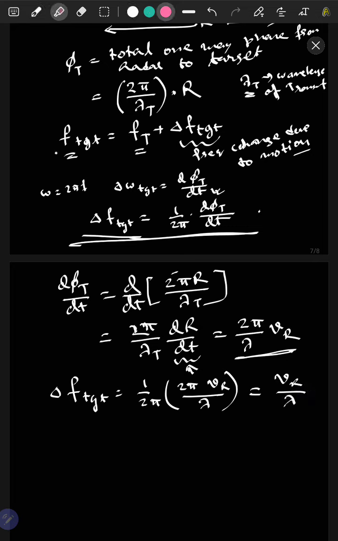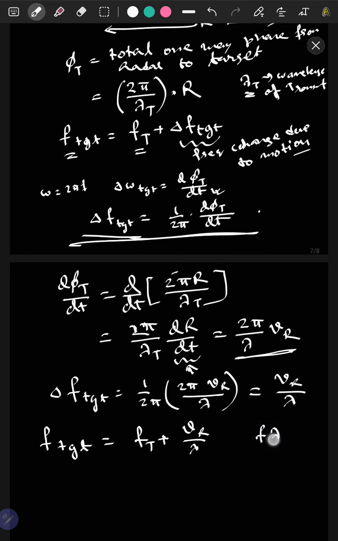But our F target is Ft plus delta F target. So F target will now become Ft plus Vr by lambda.